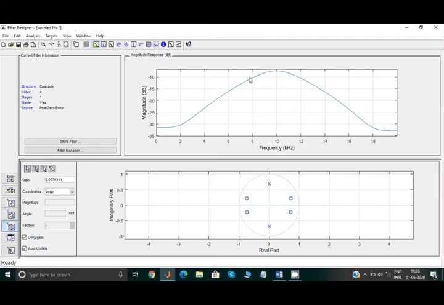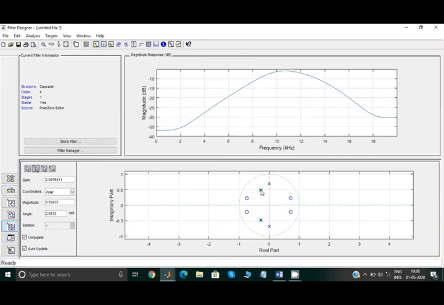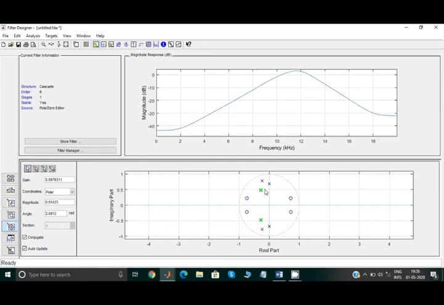We can make this band flatter by putting some poles around 10 kilohertz from 8 to 12, such that here the amplification increases, here also the amplification increases. So we can take some pole from here and we can put some poles here and here.